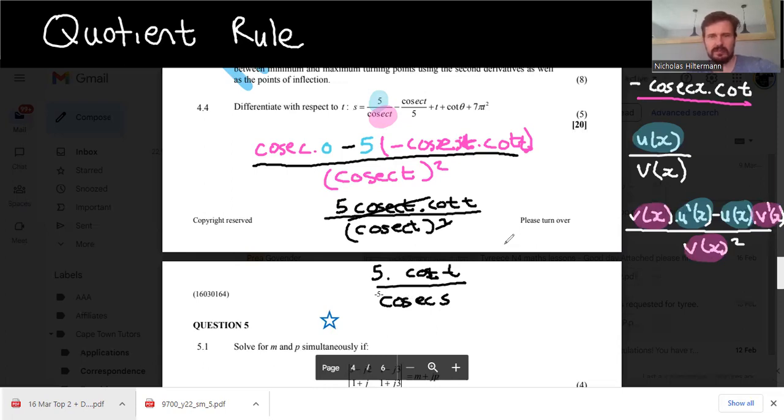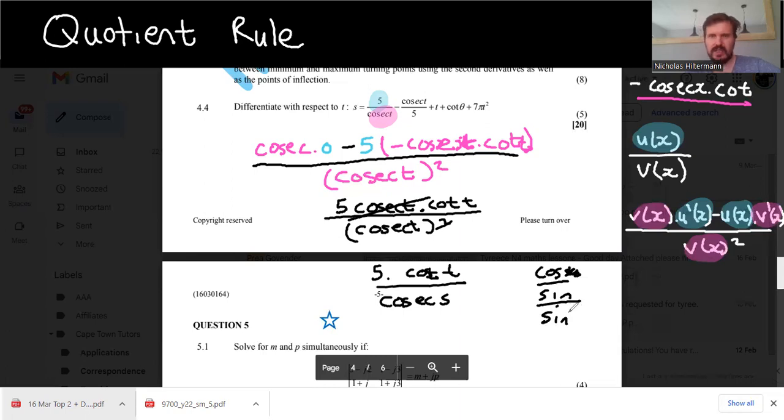I'm not sure if that simplifies. I'm just going to check. So cot is 1 over tan, and tan is sine over cos, so that's cos over sine. And cosec is 1 over sine.